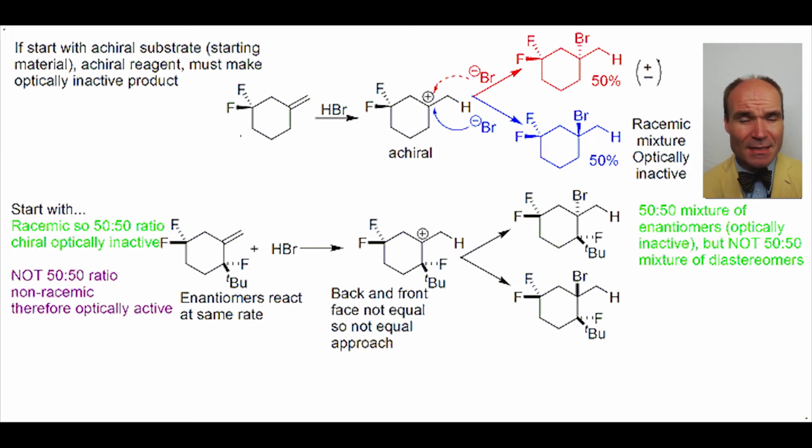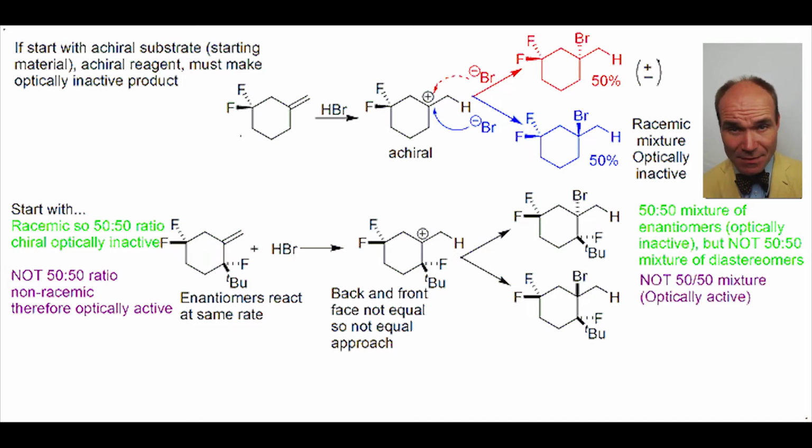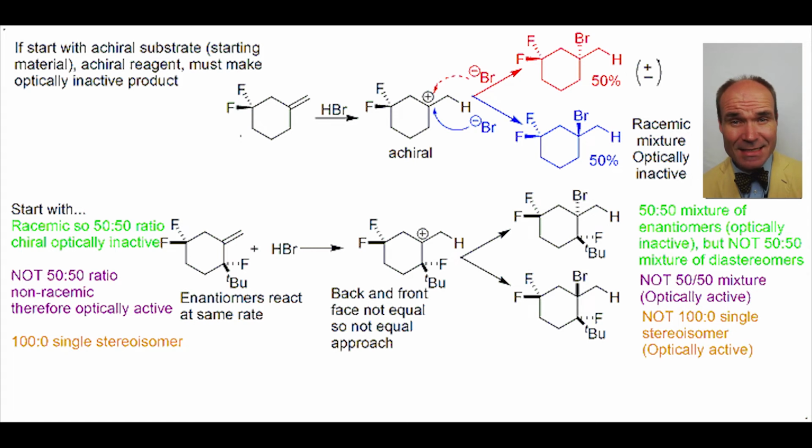Where the substrate has enantiomers not in a 50-50 ratio, so non-racemic, thus it is optically active, the product is not a 50-50 mixture of enantiomers, nor diastereomers for that matter, and it's optically active. But if we start with a single enantiomer, thus a single stereoisomer, the product that ensues isn't a single stereoisomer, despite being optically active.